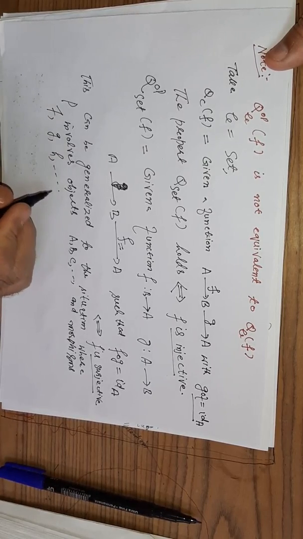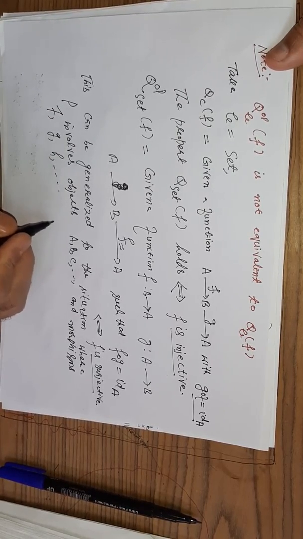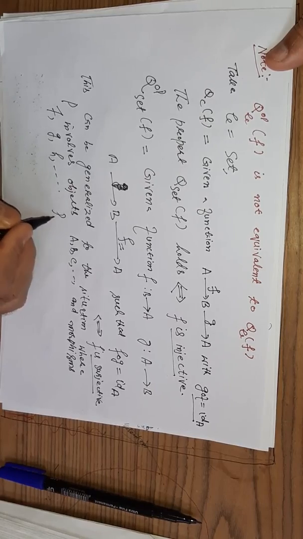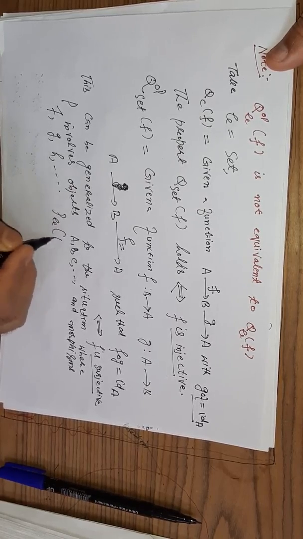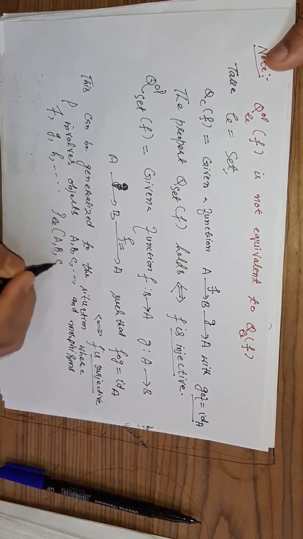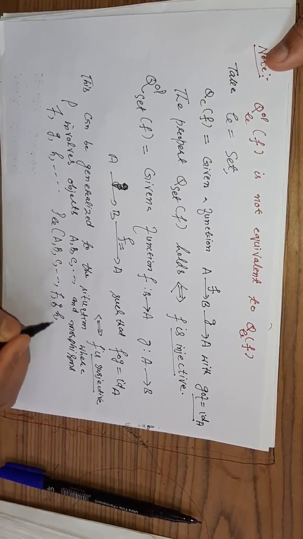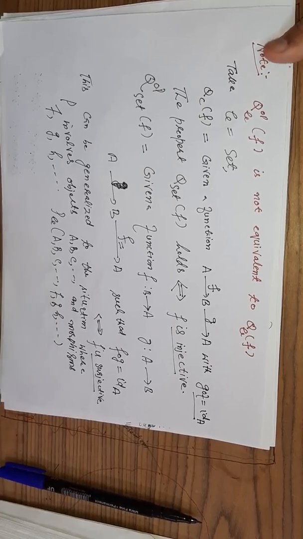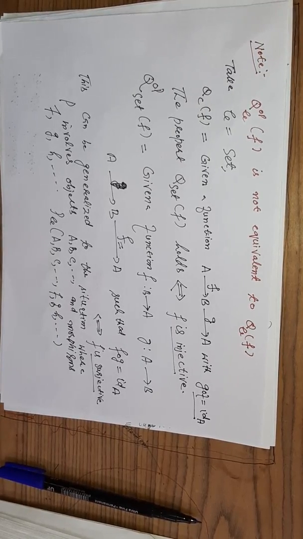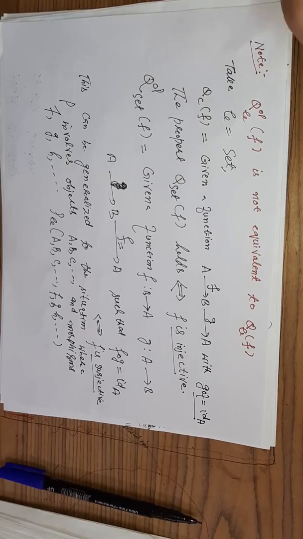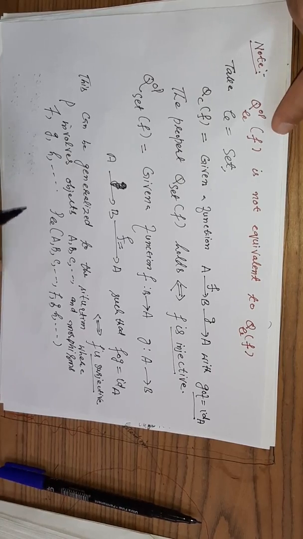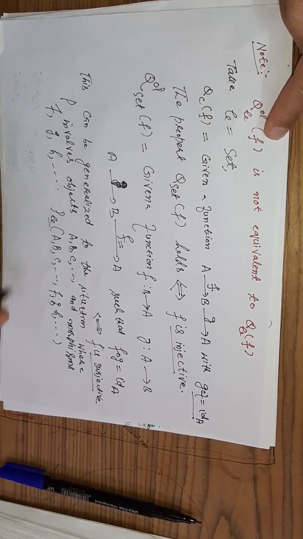And you can give it the notation P C, A, B, C, and so on, F, G, H, and so on. And if this property holds for all objects of the category and all morphisms of the category, then we say that the category has property P.